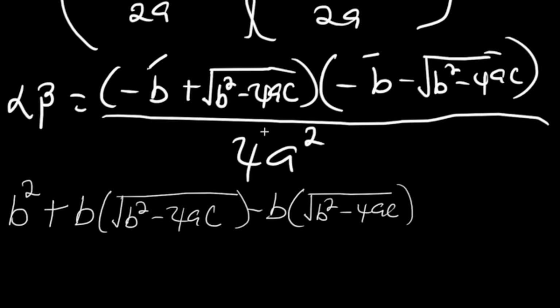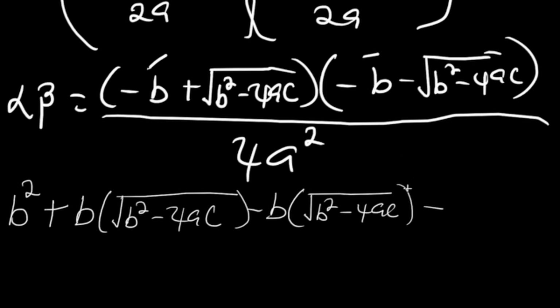Okay, and then next up, here we have the square root of b squared minus 4ac times negative the square root of b squared minus 4ac, which would give us a minus. Since they are the same, we can just square them, right? The one inside the square root and this inside the square root are the same.